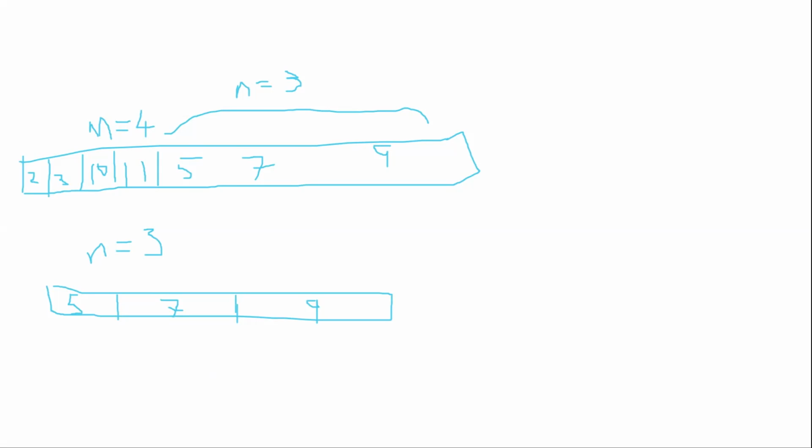Then we compare 2 and 5. Okay. And we see, okay. Yeah, that's a good method. Yeah, perfect. We can do this too. So what he's saying is put 5 over here, put 7 over here, and put 9 over here.